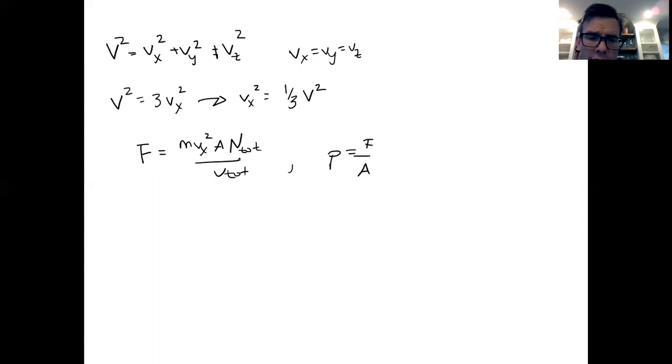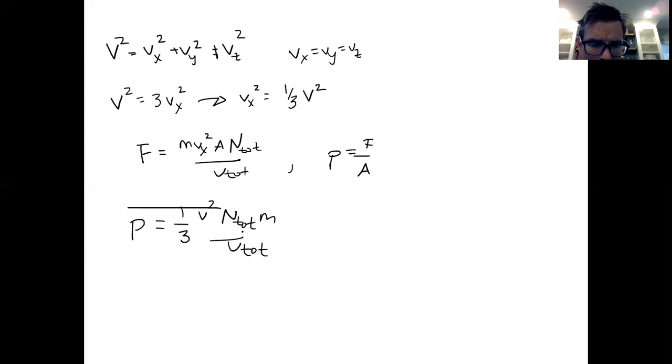Remember that pressure is force divided by area. So if I bring this expression A down here, I will get an expression for the pressure. And I'm going to substitute in this relationship for Vx. So I will get something that looks like this. N tot m. I'm now going to bring volume total over here.